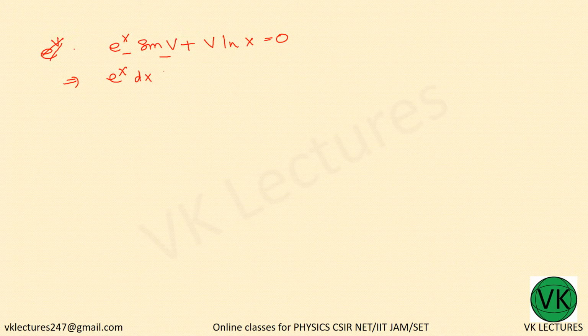Then here sine V will be a constant, so sine V plus, now e to the power x will be constant, differentiation of sine V is nothing but cos V, and one more term will come, that is dV. Plus V log x. Now we will consider V as constant, log x derivative is 1 by x into dx, plus, now we will consider log x as constant, so that is nothing but log x into dV.